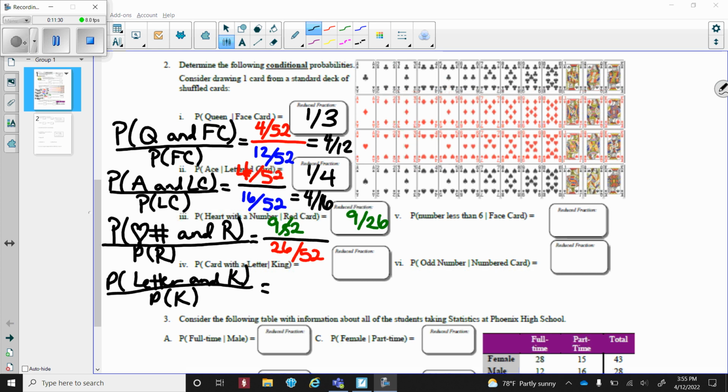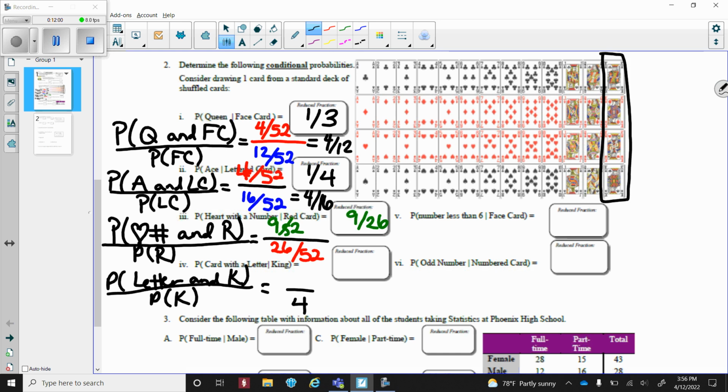Sorry guys, I typically erase the cards before I start the next problem. So now we're trying to figure out how many of the cards are kings. So we look over here on the right hand side and we notice that, well, 4 cards are kings. This means in our denominator we can write 4 over 52, or because based off what we said earlier, we can just write that our denominator there will be 4.